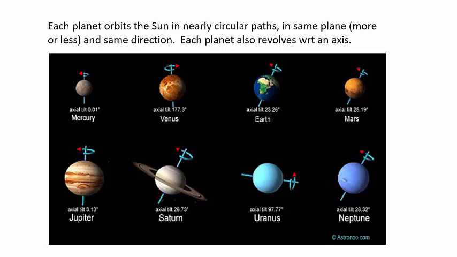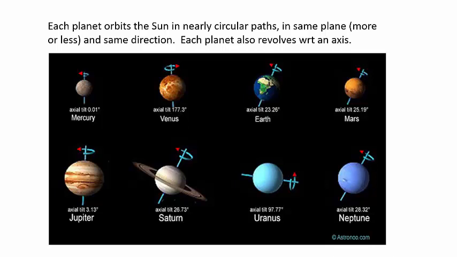Some of them are a little bit off, but they revolve around the sun in the same direction. That direction is actually counterclockwise if you look from the north of planet Earth, which would also be the north of the sun, if we describe the sun as having a north and a south pole, because the sun is actually also rotating itself.